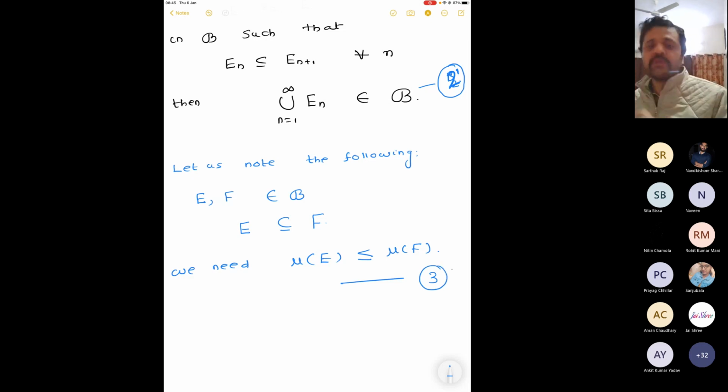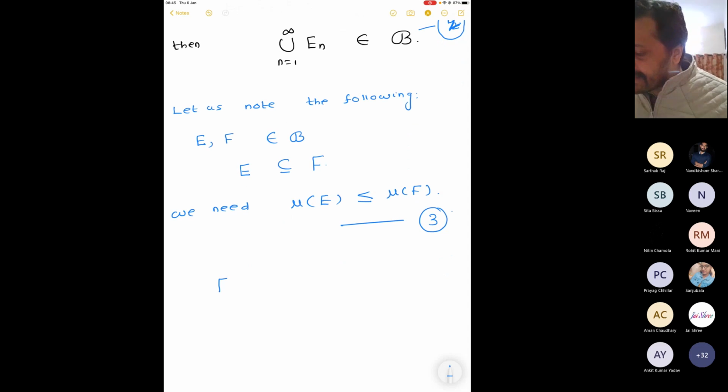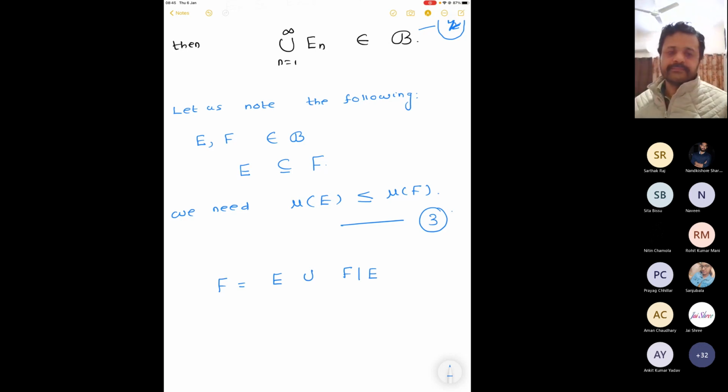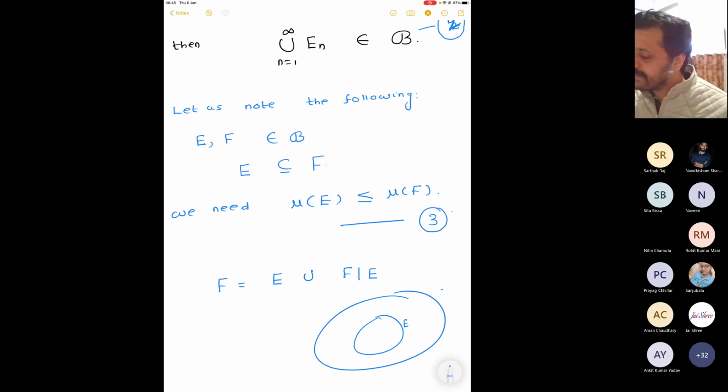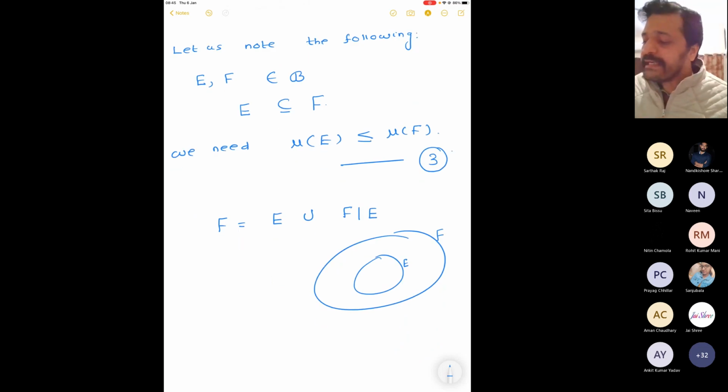Let us relook at 3. Is it really needed to impose, or will it be automatic? Can I write F as E union F minus E? Along with E, you adjoin whatever is not available in E. Now, E and F minus E are disjoint, right?